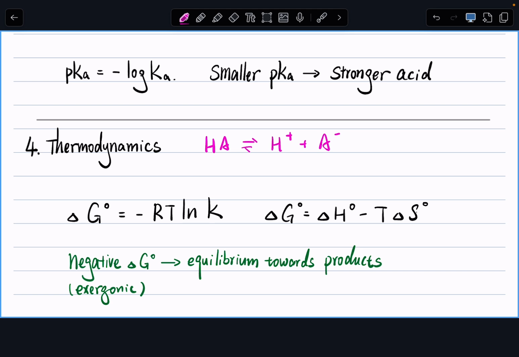Or the other way to put it, the more complete this dissociation is, the stronger acid we're talking about. For example, HCl will fully dissociate into H plus and Cl minus, because HCl is a strong acid. Right? Alternatively, if we're looking at HF, which is a weak acid, it's only going to partially dissociate into H plus and fluorine minus.